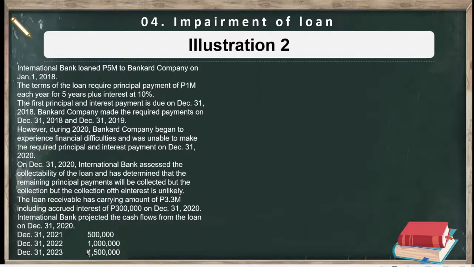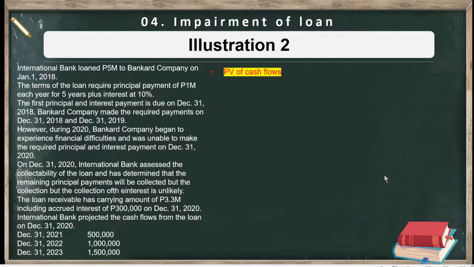If we total the three, this is equivalent to 3 million, which is the balance of the 5 million loan minus 2 years of principal payments of 1 million and another 1 million. So the balance is 3 million. The payment of the debt would be in the next 3 years at the following amounts. And the carrying amount of the loan is 3.3 million, which includes the accrued interest.